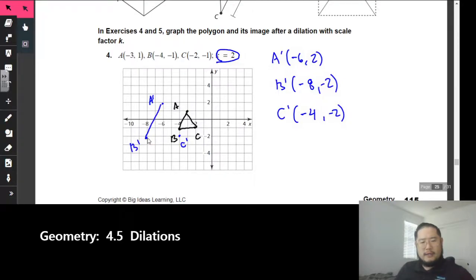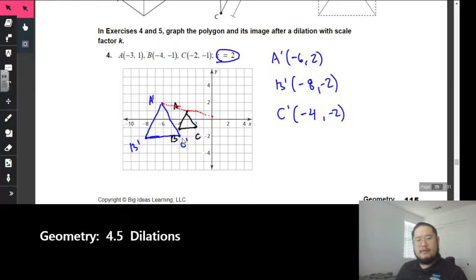So do your best to make the triangles as straight as possible. Definitely use a ruler. And here's what we're going to do. I'm going to go ahead and draw a line that connects from A prime to A, and it will keep going if I draw a straight line.